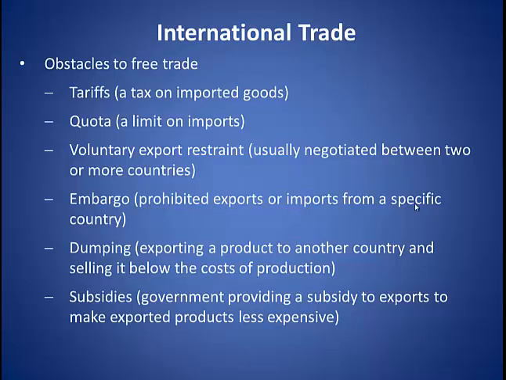So the first obstacle to trade I want to talk about is what we call a tariff. A tariff is nothing more than a tax on imported goods. Let's assume that country A, or let's say the domestic country, had an orange growing industry, and the country did not want foreign imports of oranges to jeopardize the domestic orange producers.